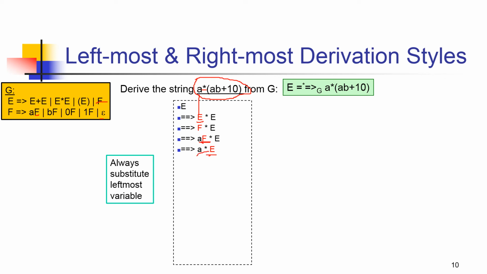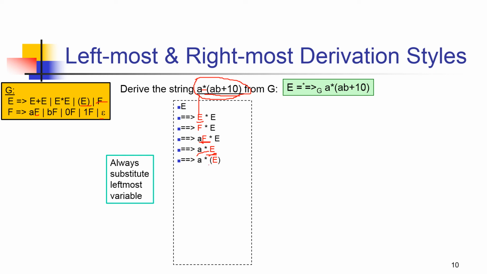Now I have only one variable left, that is E. So on the leftmost side we got the single one, E, and this E should be in brackets. So how will I get a bracket? By this rule, which says E produces open bracket E close bracket.